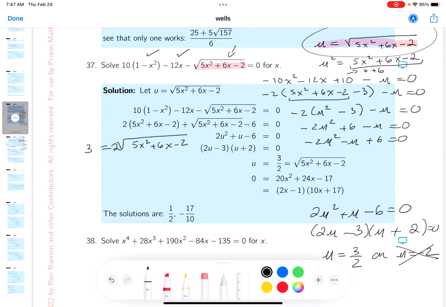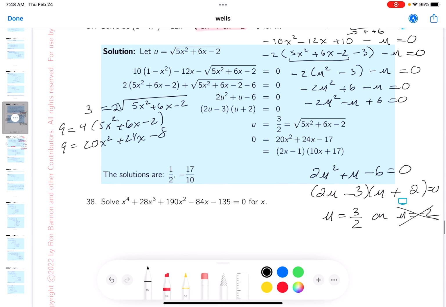I'm going to square both sides. I get 9 equals 4 times 5x squared plus 6x minus 2. What do you get there? 9 equals 20x squared plus 24x minus 8. Got to keep plowing through this. 0 equals 20x squared plus 24x minus 17.